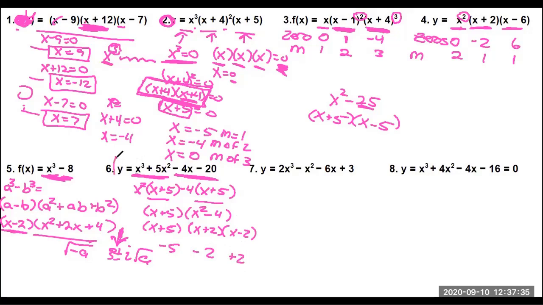And like I said, if you just graph it, you'll be able to see the x-intercepts, and you can find that too. So what I want you to do is try factoring by grouping here, number 7. Look at the first 2 terms, identify greatest common factor, look at the second 2 terms, and then try to do that. I'll give you a second to try it.